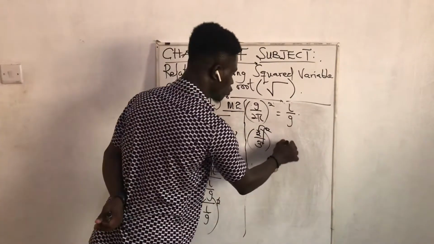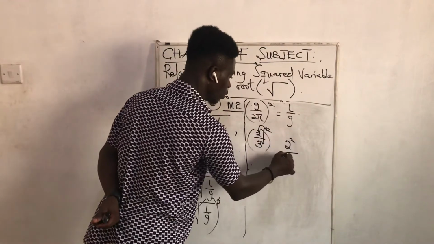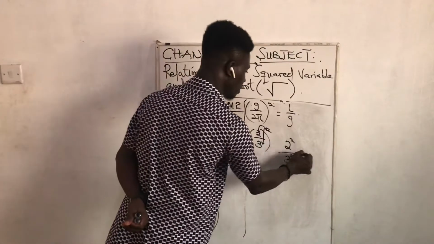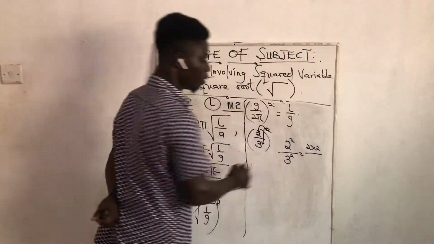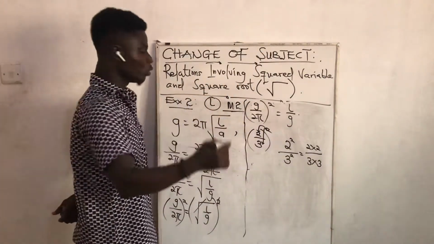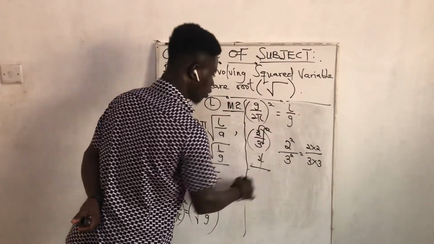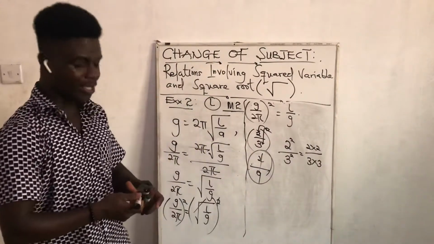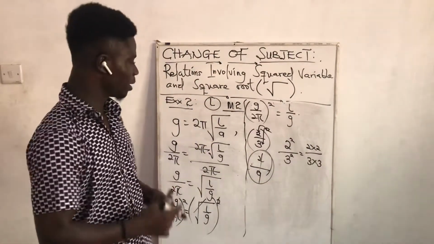So I have 2 to the power 2, all on 3 to the power 2. So 2 to the power 2 gives 2 times 2, all on 3 to the power 2 gives 3 times 3. So 2 times 2, 4, all on 3 times 3, 9. So 4 on 9.